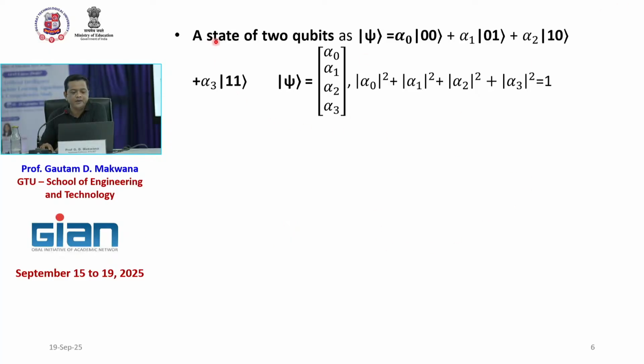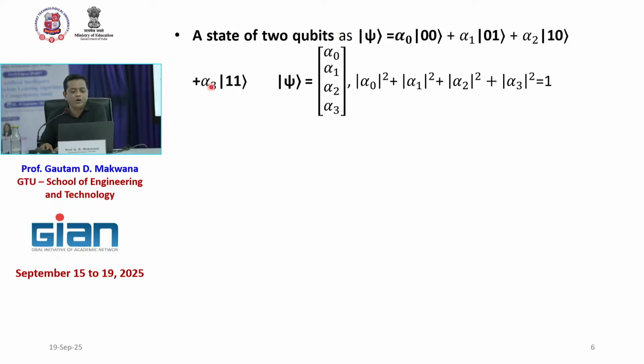Now, in the same way, how can we represent two qubits? The state is ket psi equals alpha 0 ket 00 plus alpha 1 ket 01 plus alpha 2 ket 10 plus alpha 3 ket 11.